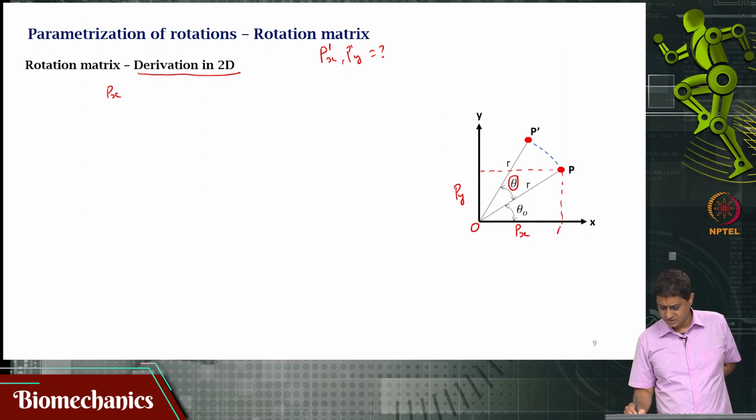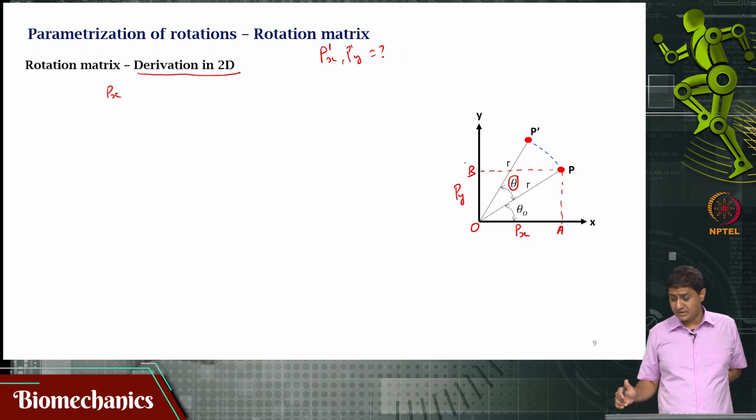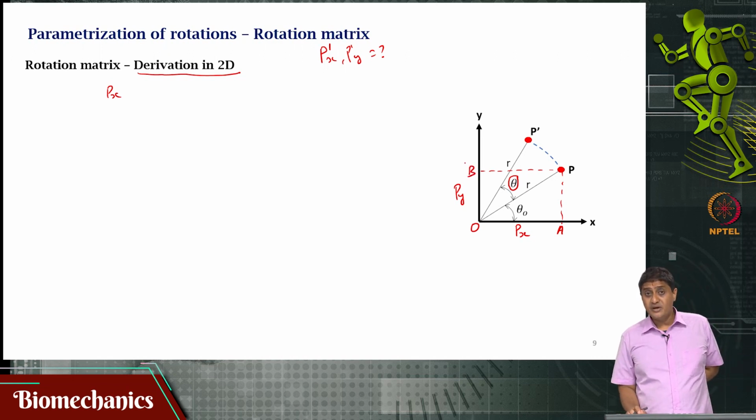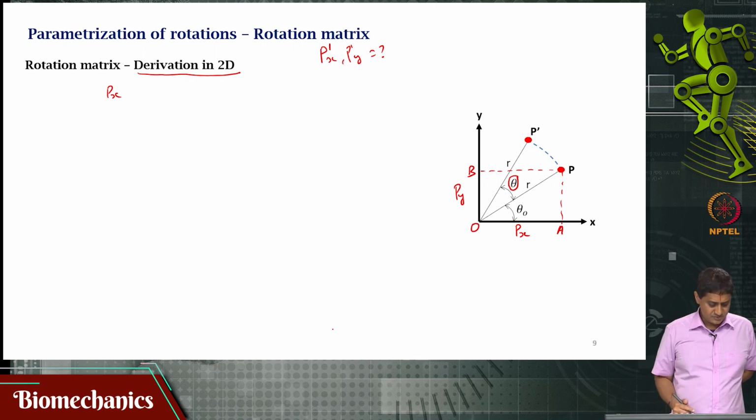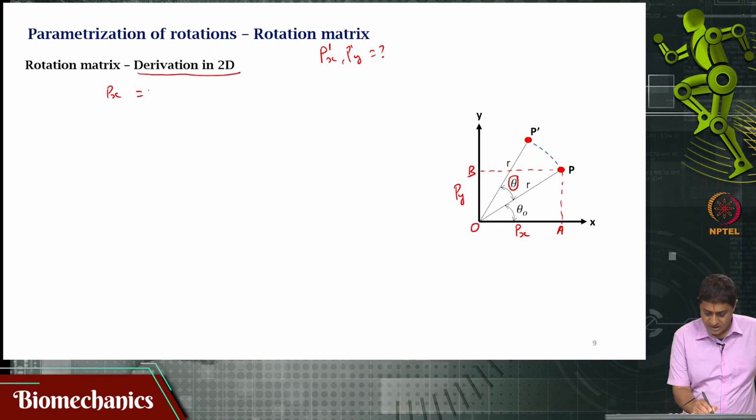I am going to call this point A and that point B, for example. In the right triangle OAB, OA is Px, that is the adjacent side. The question is, what is its value? Well, because I know the length of the vector to be r, that is actually r cos theta naught.